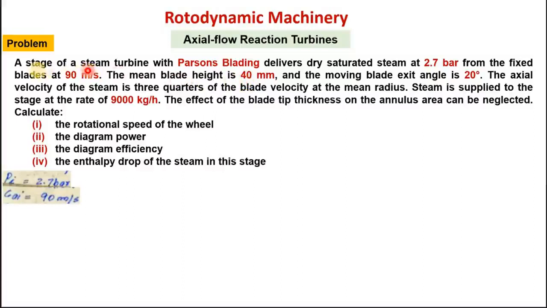So here we are discussing only a single stage. A stage means here single stage, and single stage means one row of fixed blades and one row of moving blades. So one row of fixed and one row of moving blades makes one stage of a steam turbine.